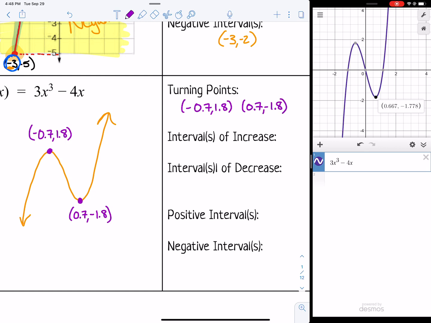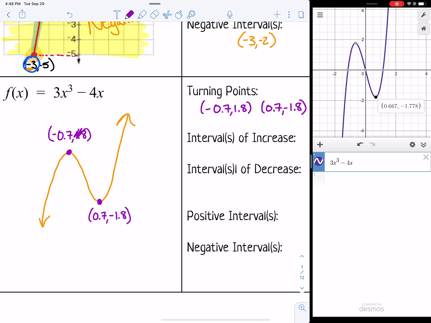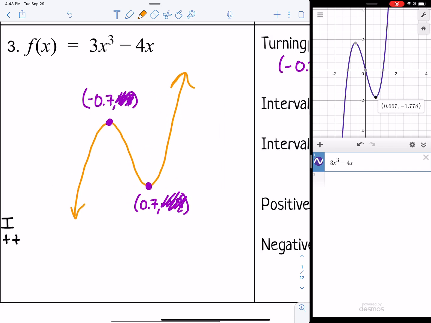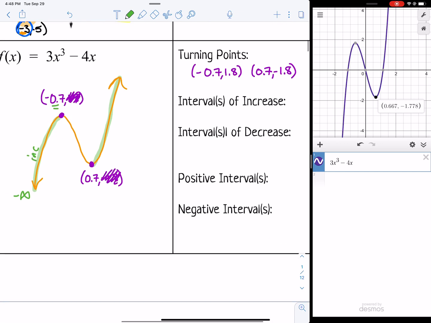Okay, now intervals of increase and decrease. We only need the x value to pick those out, so I'm just going to mark out the y value so we can focus on just that x value. So we have an interval of increase there and another one over here. Let's write what those would say. It goes from negative infinity and increases up to negative 0.7 for my x.